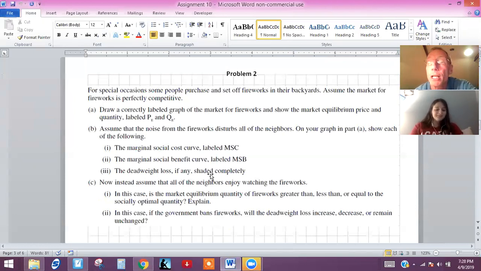You're used to seeing a monopoly where they produce less than optimum, right? The way you want to remember this is when there's a negative externality, the private market produces more than the optimum, right? So that turns that deadweight loss triangle around.